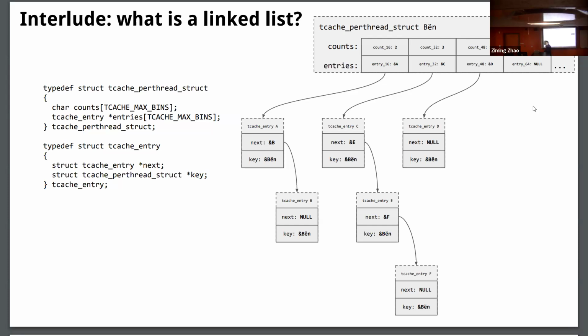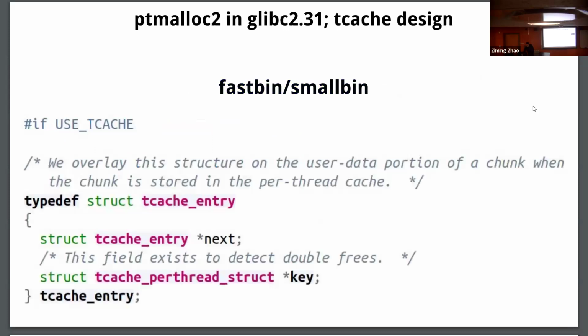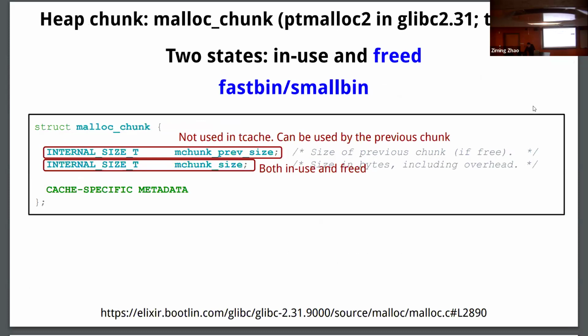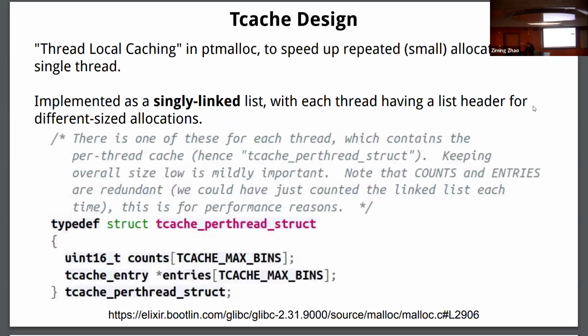And that is actually written in the documentation. In the C library source code, if you read the comments here, it says that counts are actually redundant. We don't really need this one, okay? Because if this is a list, you traverse the list, you get the number. This is just for performance.